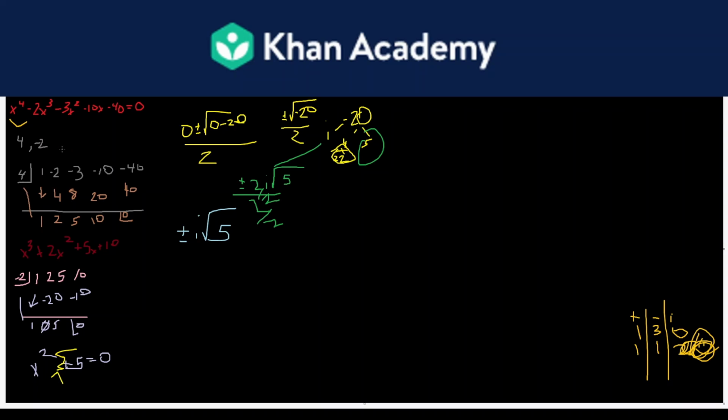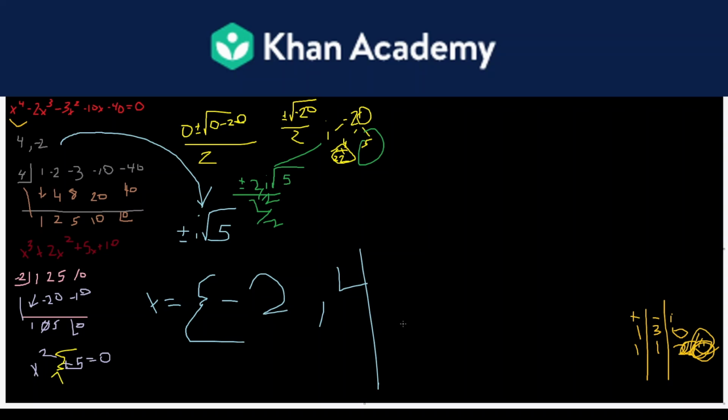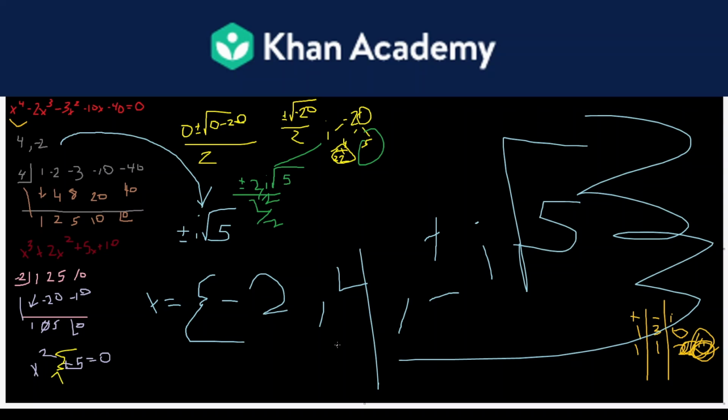Then you go and put these together and you get x equals negative 2. X can equal 4. X can equal plus or minus i square root 5. And that is your answer to this math question.